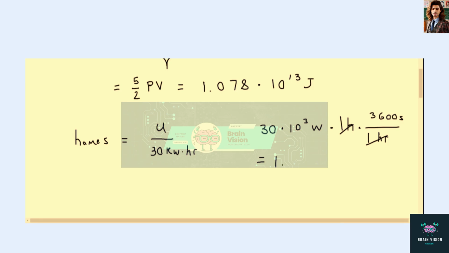So that is going to be 1.08 times 10 to the 8th joules. So instead of 30 kilowatt hours here, we can write 1.08 times 10 to the 8th joules.